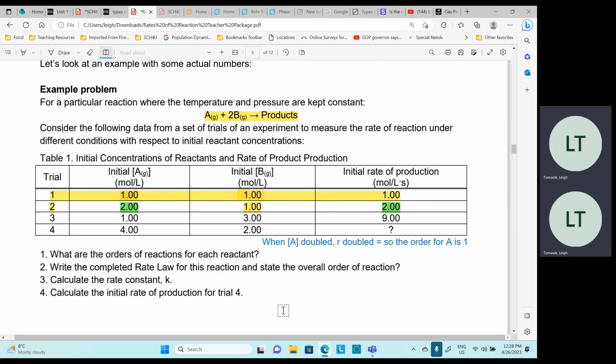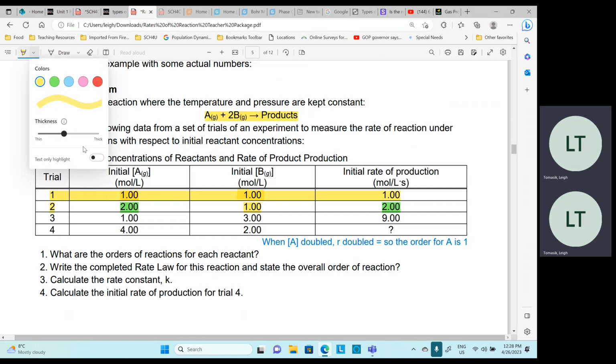We usually would say the order with respect to the concentration of A, but let's just say the order for A is 1. Now we need to find an experiment where A stays the same and B changes.